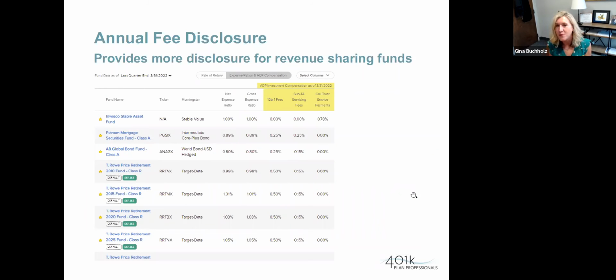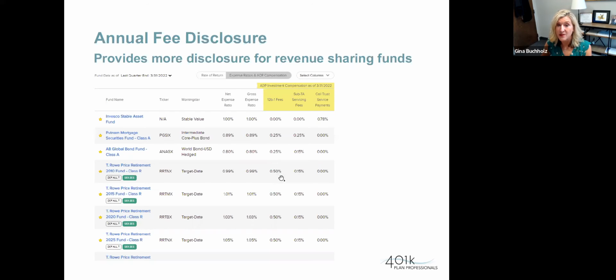So if you do use revenue sharing funds, you'll find on your fee disclosure or on your provider website that it will break that fee down. So here's an example, an R share class. The expense ratio is 99, but we also know that there's revenue sharing of 50 basis points, a 12b-1 fee, and then the servicing fee, that's what the record keeper will keep.